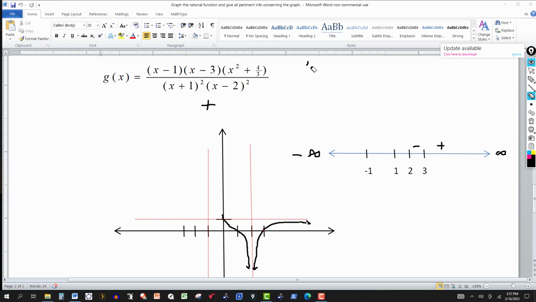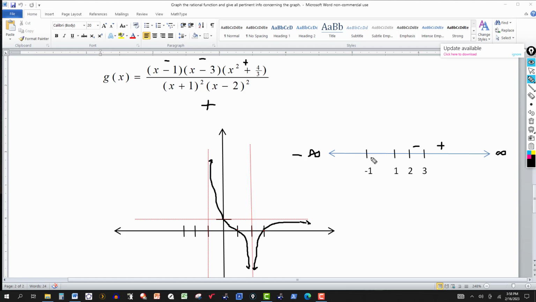The denominator is always positive, so let's pick in here 1/2. So 1/2 minus 1 is negative. 1/2 minus 3, that's negative. This one's always positive over here, so negative times the negative is a positive, and then times the positive, so we know that it's going up. And we can test other values, but this is just going to go up like that. The graph looks like that.